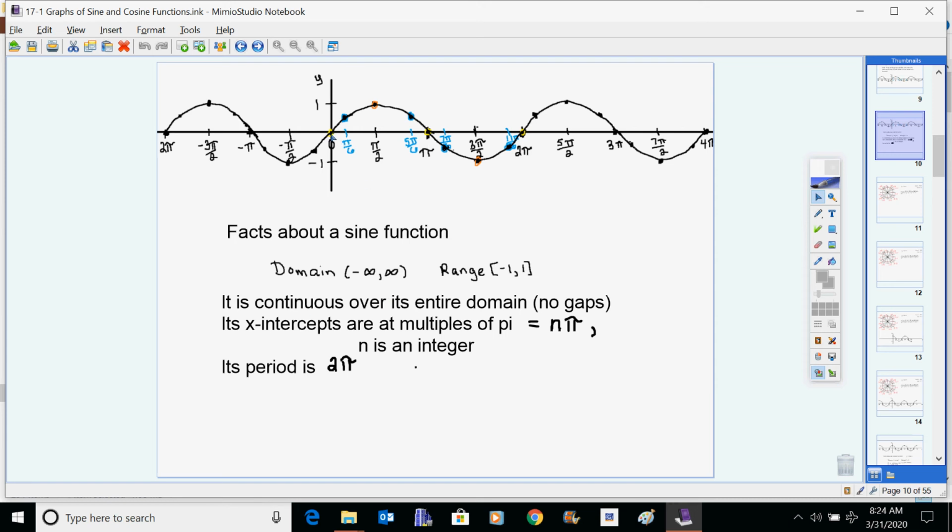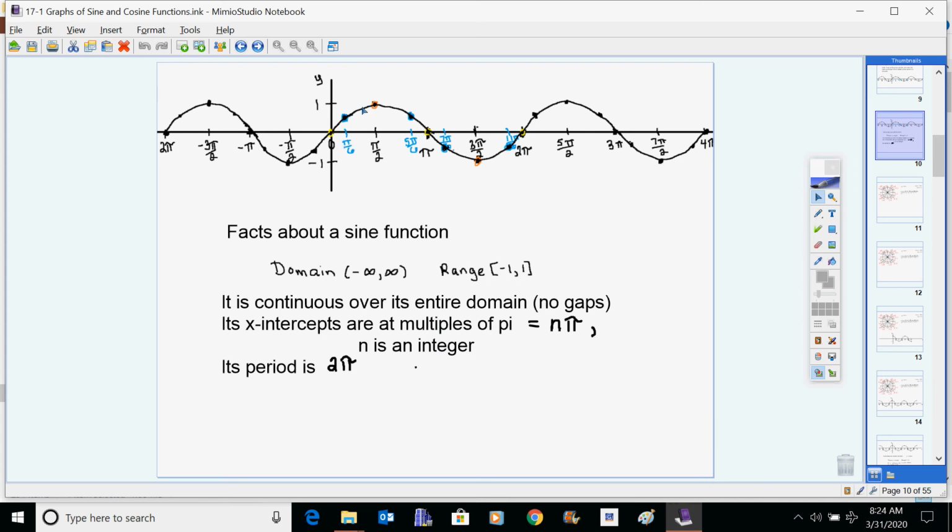Its x-intercepts are at multiples of pi, so that means where the zeros are at multiples of pi. So at 0 and pi and 2 pi and 3 pi and 4 pi and 5 pi, on and on and on, you have zeros.